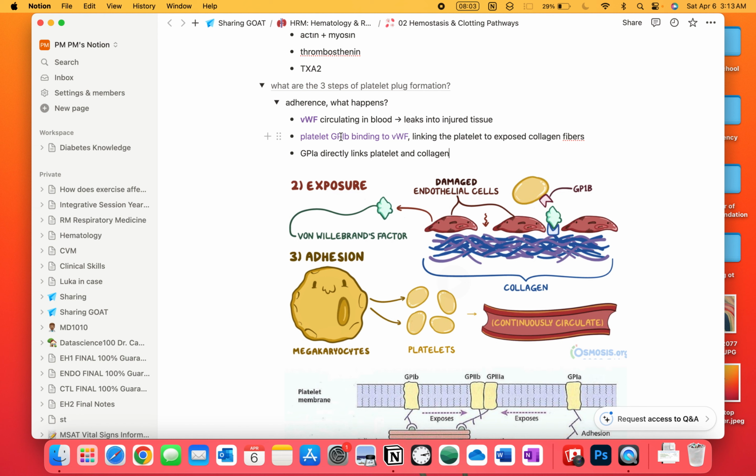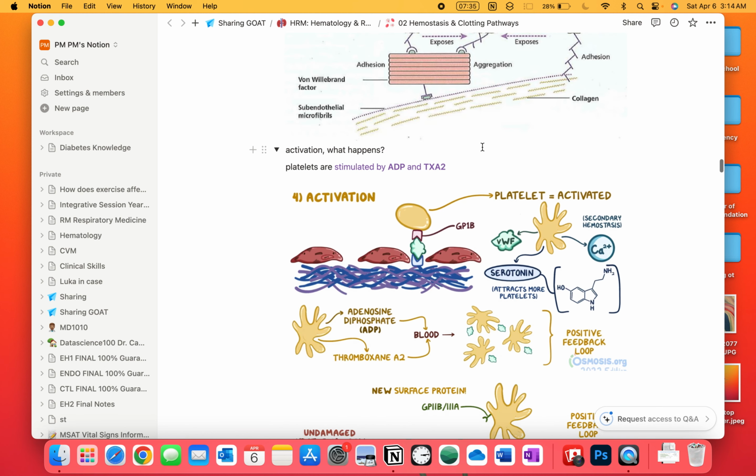Again, GP1B is going to bind to von Willebrand factor, which can then bind to the platelet or exposed collagen fibers. And then your GP1A can link the platelet and collagen. It kind of leads to a cycle.